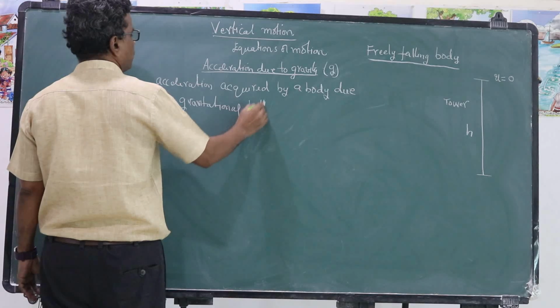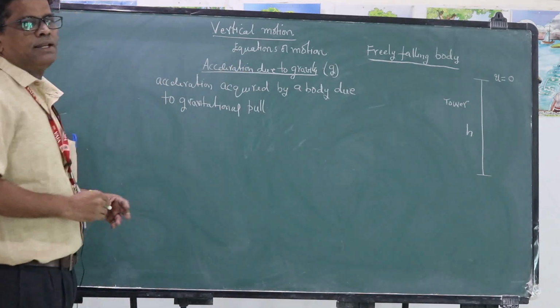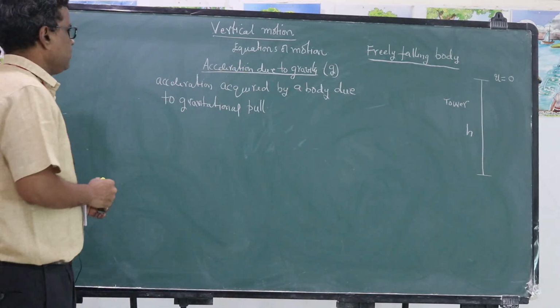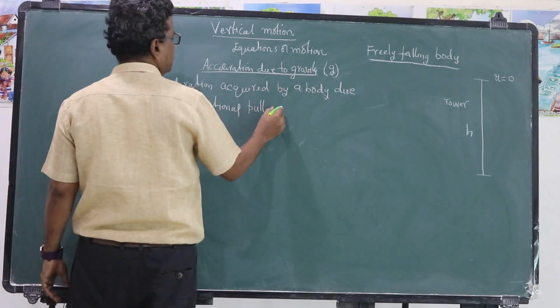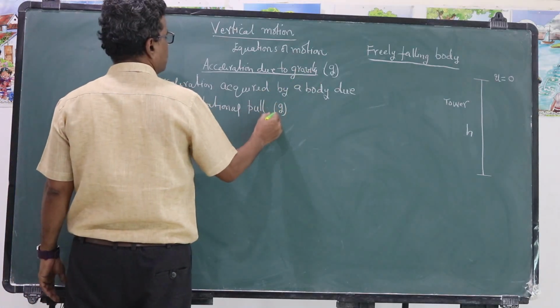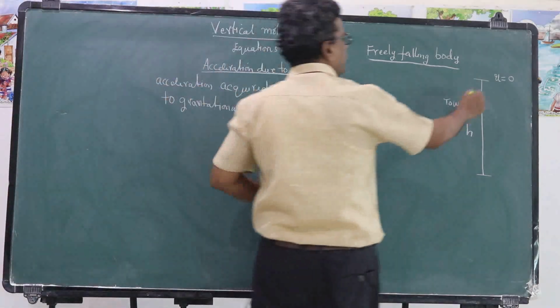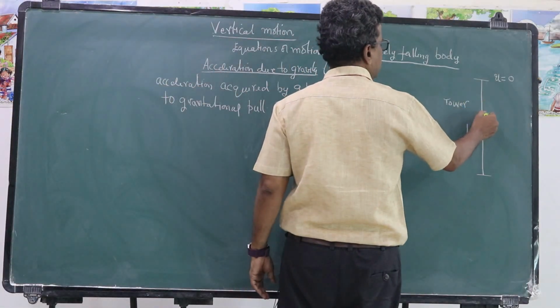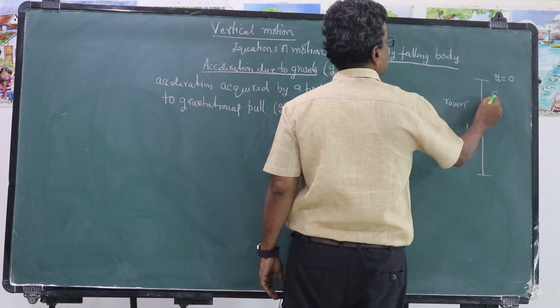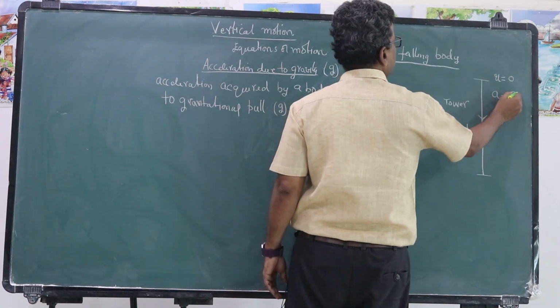It is represented with the letter g. This acceleration due to gravity applies to a freely falling body. It is vertically down, so its acceleration a is equal to g.